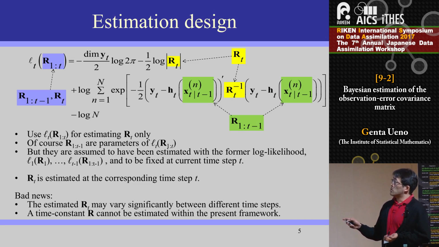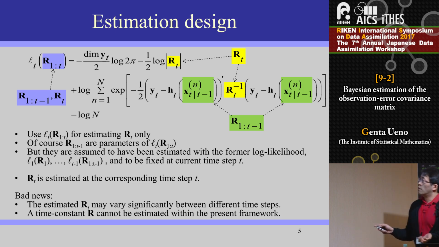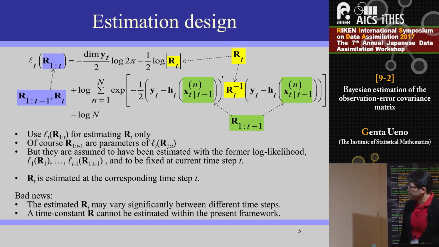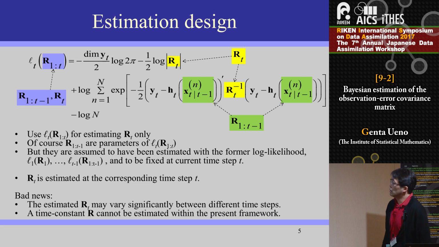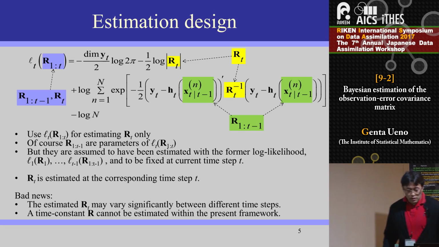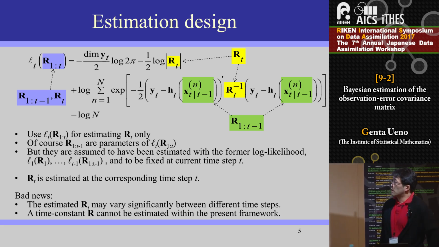So LT, the likelihood function used in the Tth observation, is used just to estimate RT. R1 to RT minus 1 were already fixed using the former observations Y1 to YT minus 1. So this is the design I adopt here.